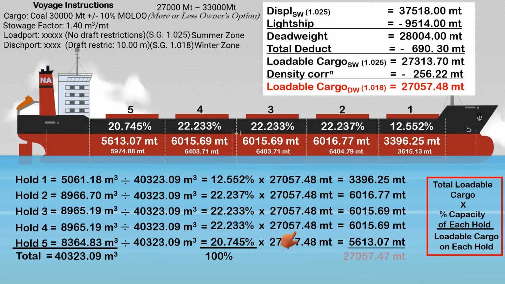The total amount of loadable cargo is 27,057.47 metric tons, the same amount of loadable cargo previously calculated. If we compare the loadable cargo without draft restrictions, now the loadable cargo is reduced due to draft restrictions. To trim the ship, you can adjust the loadable cargo on hold number 1 and hold number 4 or 5.